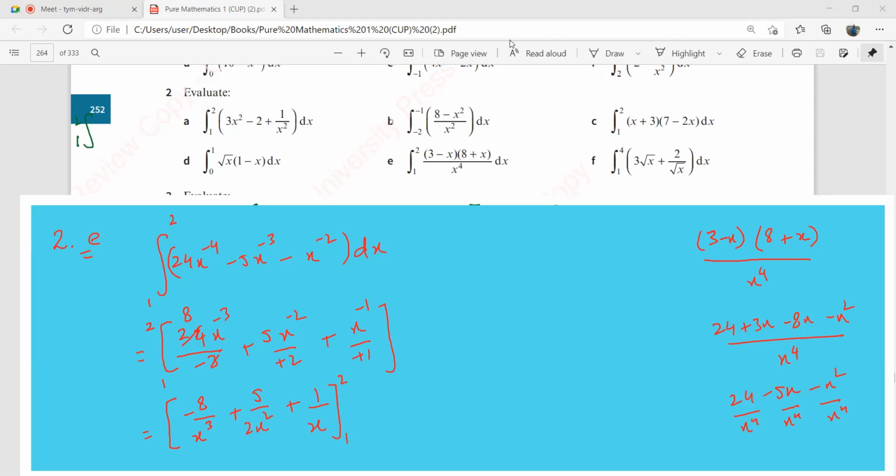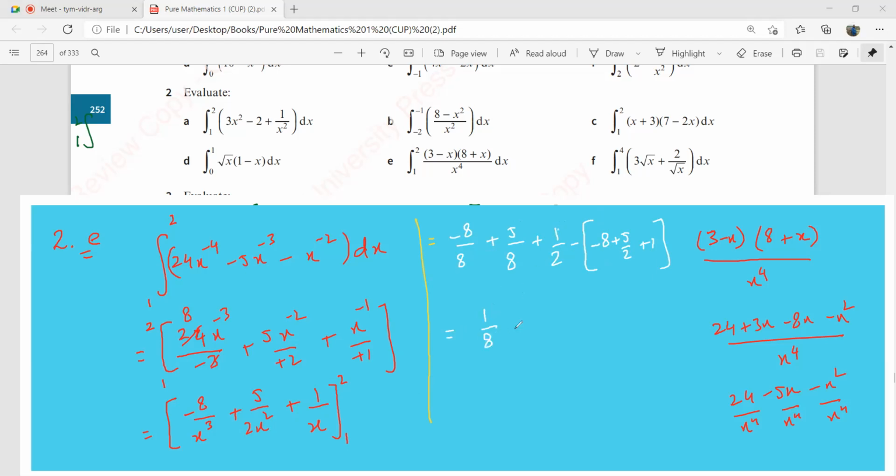Now let's put the limits here. This is minus 8 over 8, since 2 cube is 8, plus 5 over 8, 2 into 4 is 8, plus 1 over 2, and then minus. When you put 1, this is simply minus 8 plus 5 over 2 and then plus 1. You can use your calculator if you want here, okay? This is minus 8 plus 5 is minus 3 plus 4 is 1.